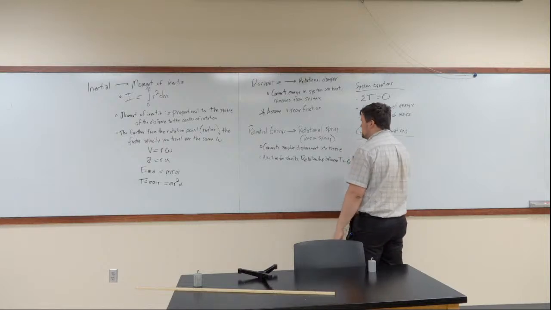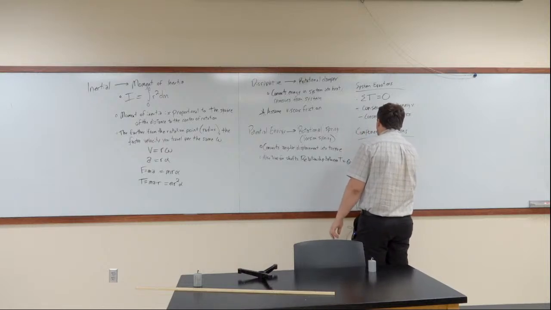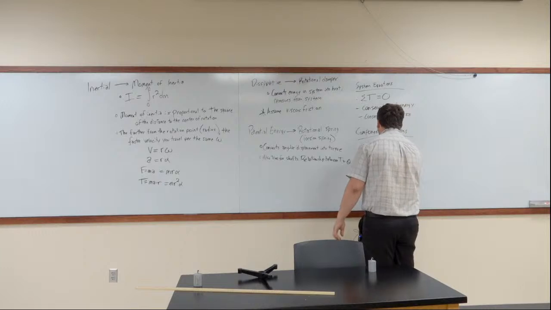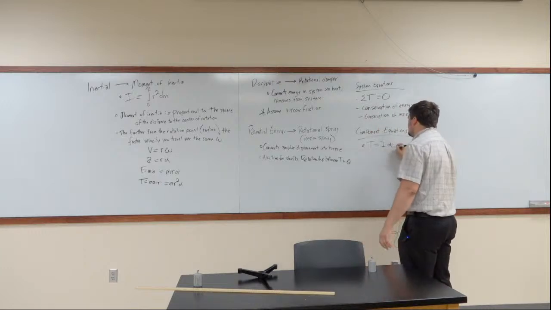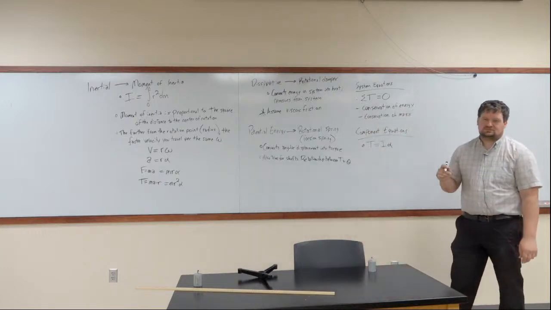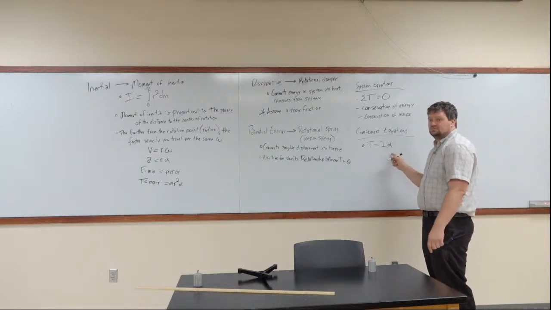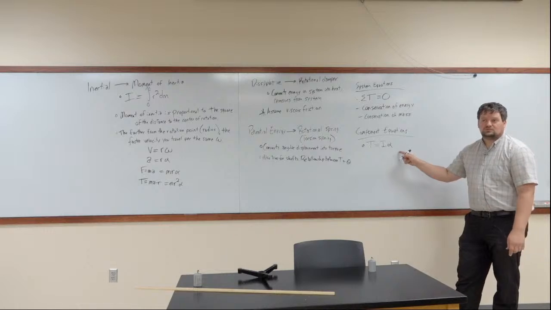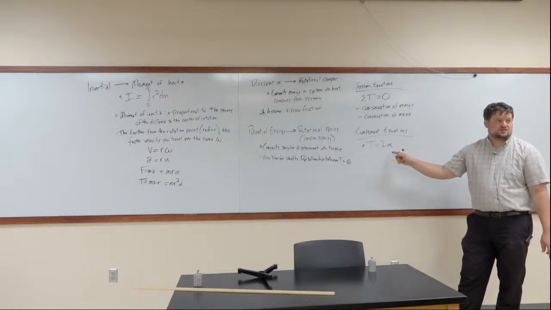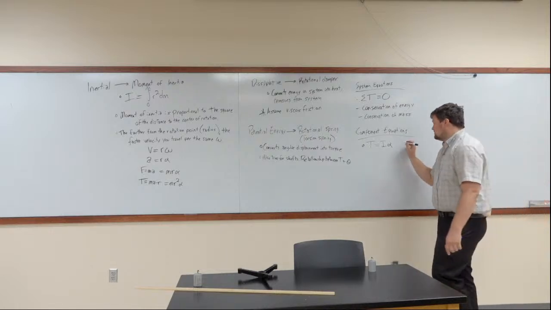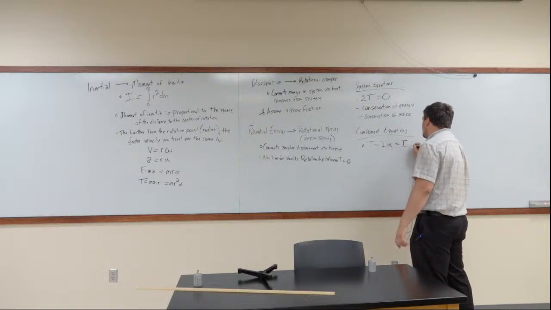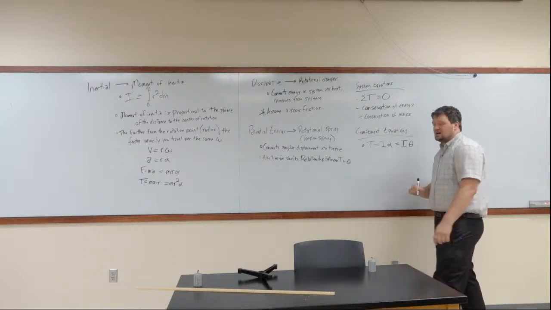For the inertial component, we have torque is equal to I times alpha. What is alpha? It's the angular acceleration, okay? Which means this is equal to I times theta with 2 dots over the top of it.